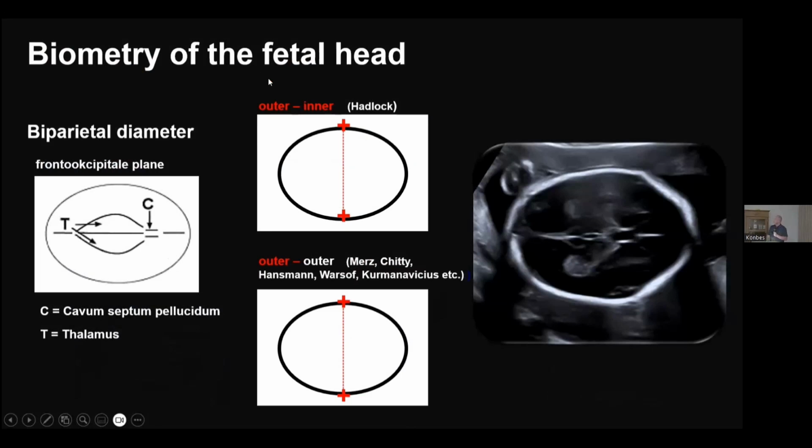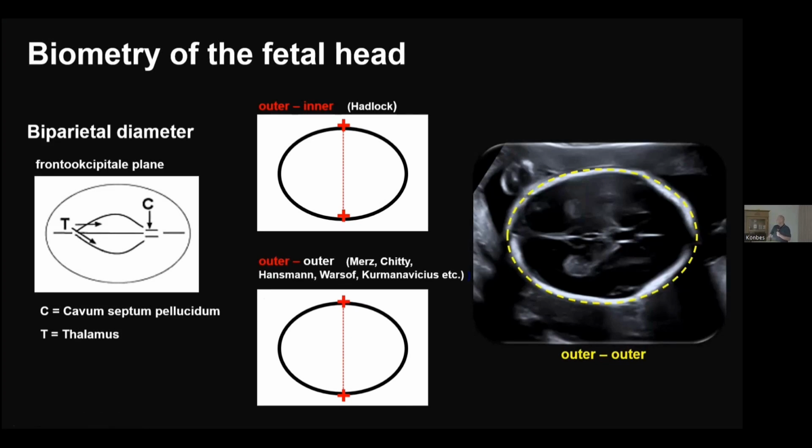We can measure outer or inner size of the biparietal diameter, but there are also some norm curves that measure outer. So you have to look very carefully at what your norm curves are, what your reference ranges are, and then you can take it. But it's important to make the same measurement and to compare to your reference ranges.